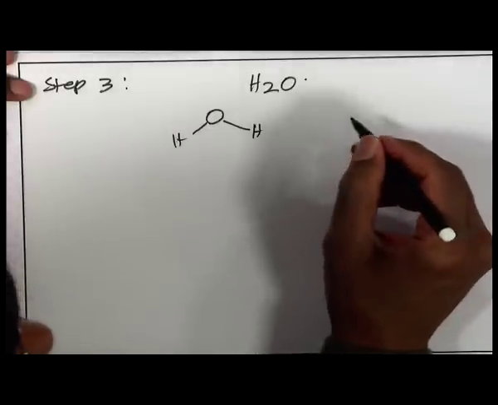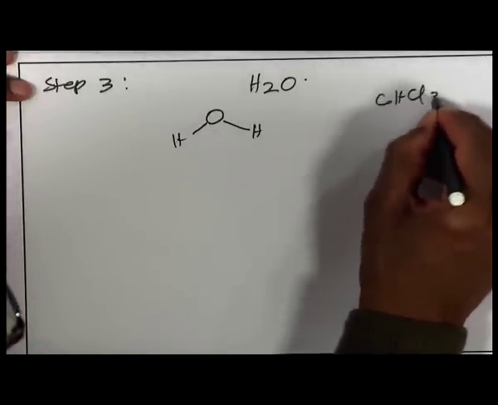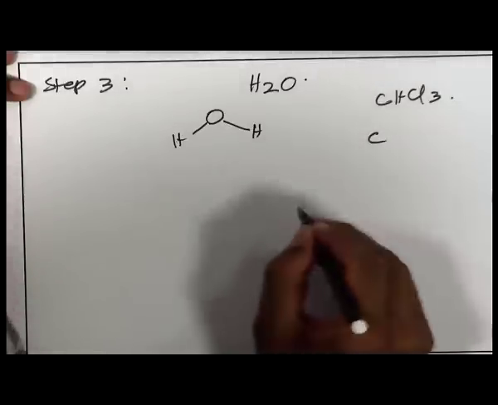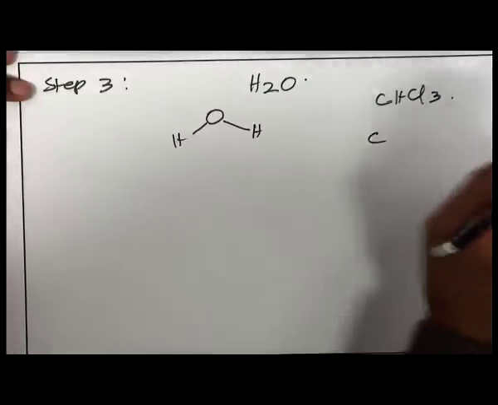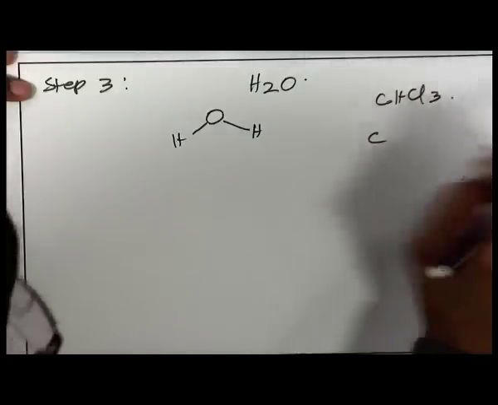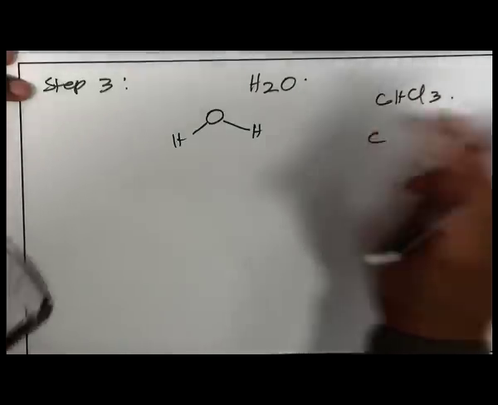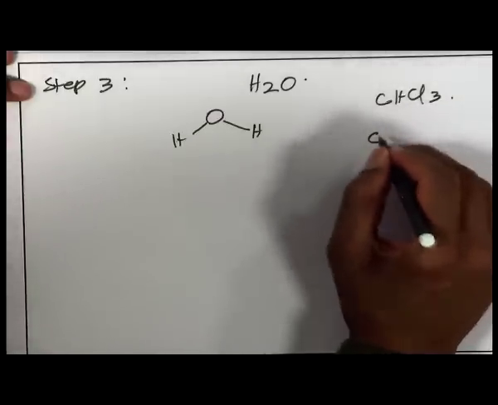Another example is chloroform, CHCl3. The central atom is carbon. After determining the central atom, you have to arrange the remaining atoms around it.